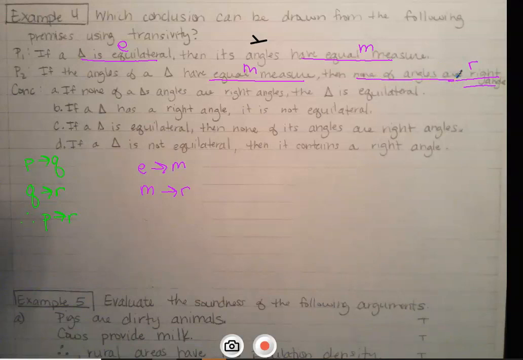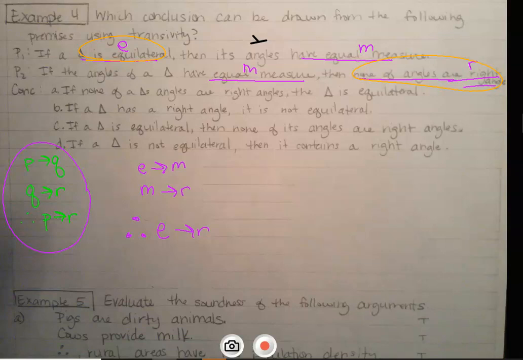So which conclusion can we make? According to our guide, we need a therefore, if E, then R statement. Remember, E is the triangle is equilateral, and the R statement is then none of the angles are right angles.